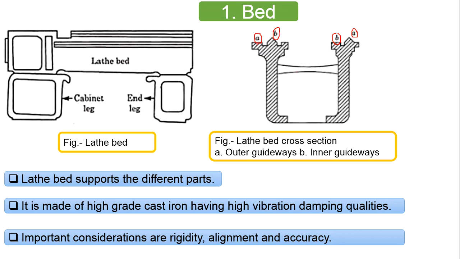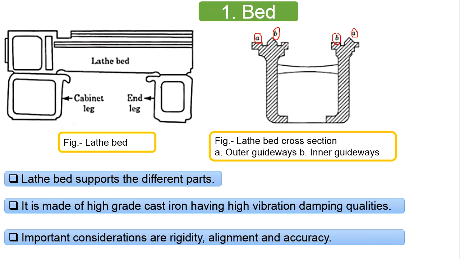Now, what is the disadvantage of the flat surface? Whatever chips are coming from the machining will rest on the flat surface, and it will interfere with the moving part over the bed. Now, what is the advantage of the inverted V? Whenever a part is moving on the inverted V, motion will be very easy.